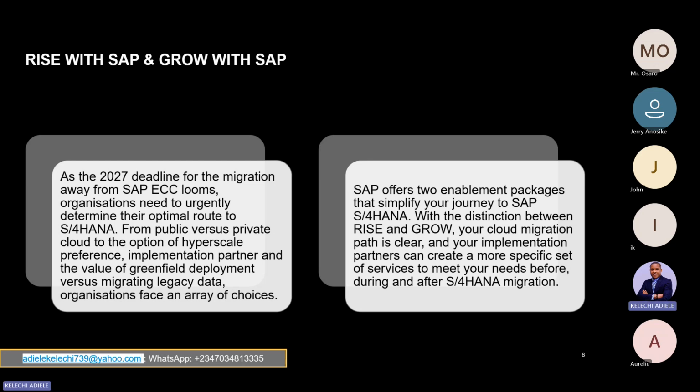We have a new version called S/4HANA that came, I think, in 2015. I don't know. But it's requested that clients should move from that old ECC version to S/4HANA. Basically, people are still in the old version, but hopefully by 2027, it's expected that people should move.